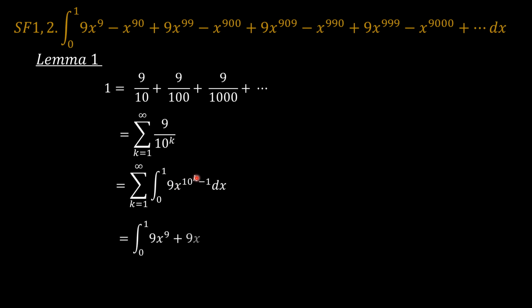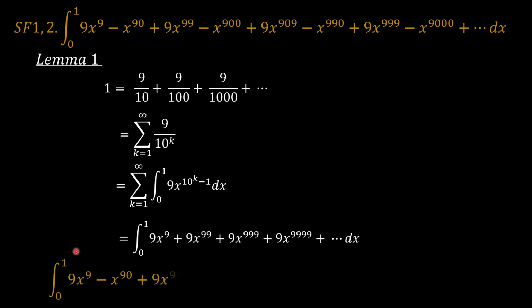So you could blow it out so that we have 9 times x to the power 9 plus 9 times x to the power 99 plus 9 times x to the power 999 plus 9 times x to the power 9999, and so on, integrated from 0 to 1. So this is equal to 1.